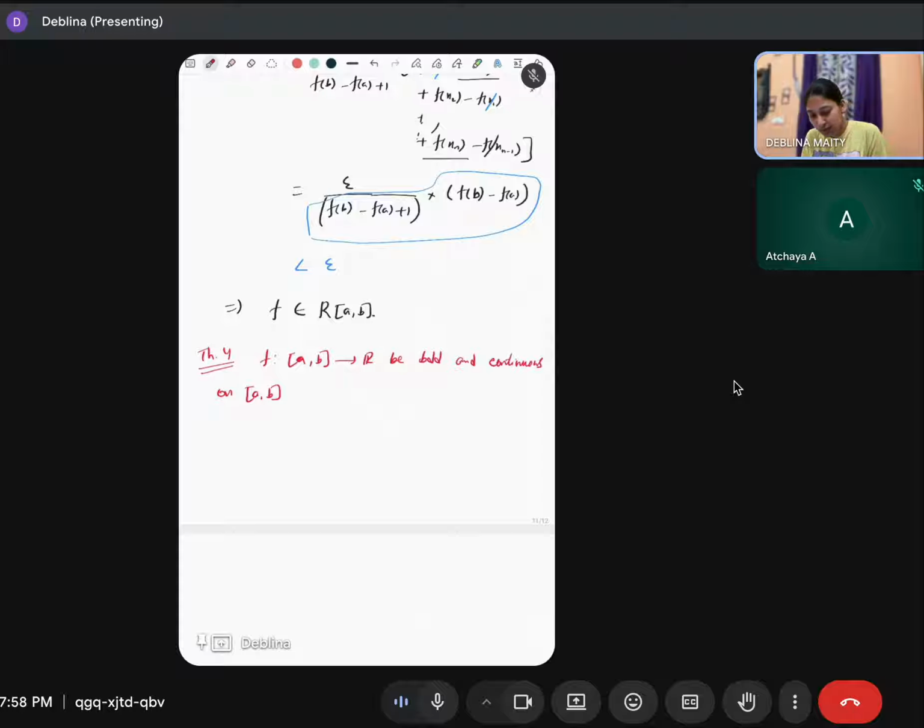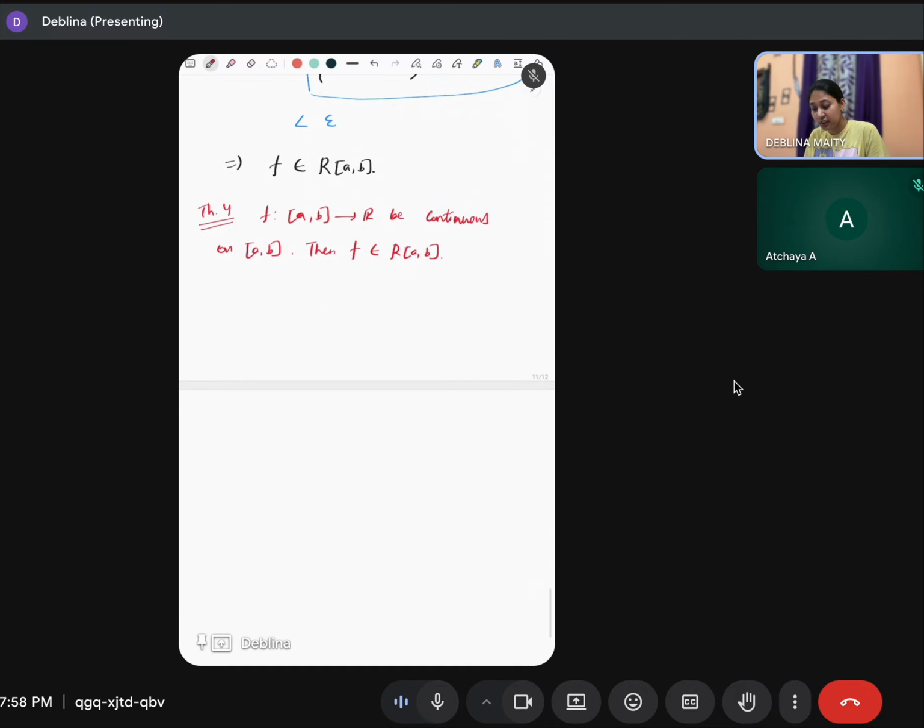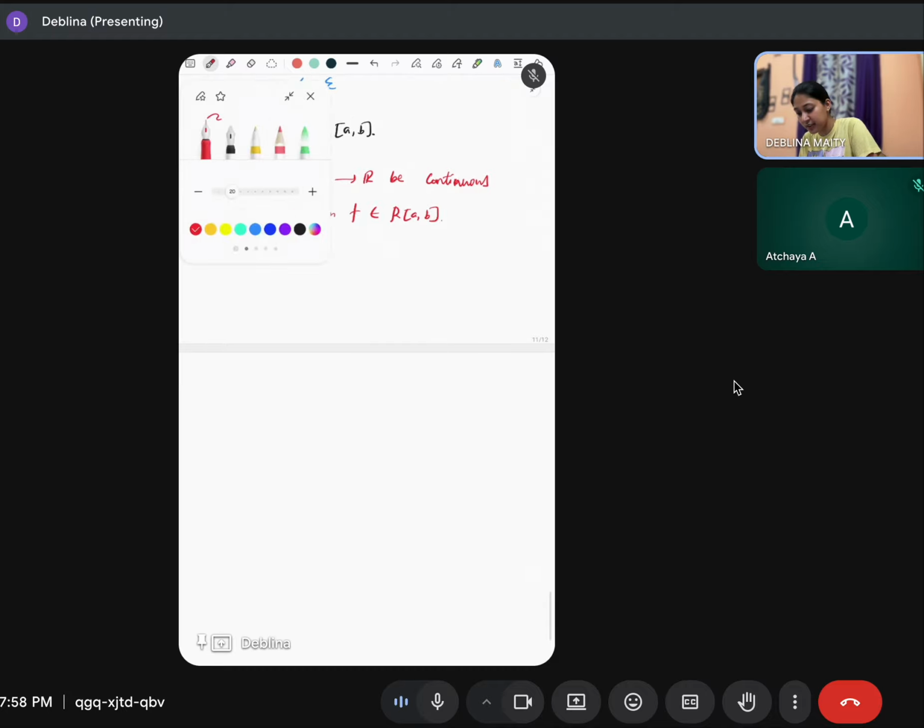So we don't need to say it is bounded now. If f is only continuous on [a, b], that is enough. Then f is Riemann integrable. So all continuous functions are Riemann integrable functions.